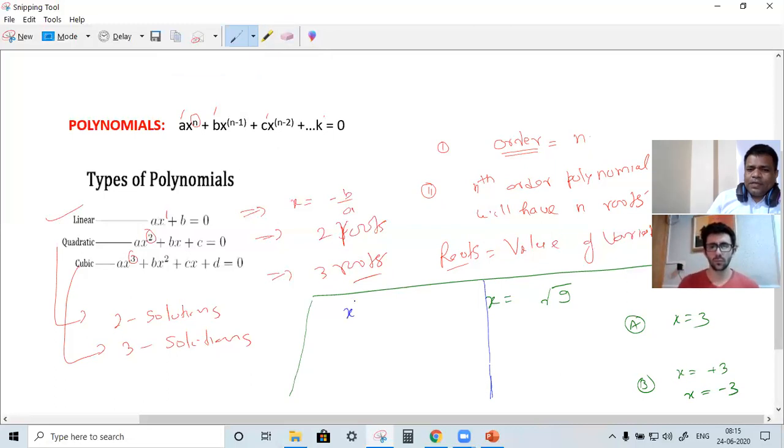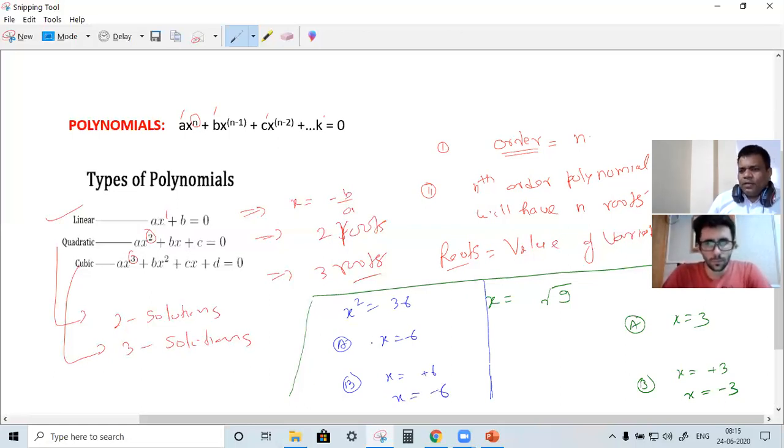Now I'm taking another example, x square equal to 36. And again, I'm giving 2 options, A and B. Option A is x is equal to 6, and option B is x is equal to plus 6, x is equal to minus 6. A or B? B. Now I'll reveal the answer. Congratulations, both cases you got right answer.